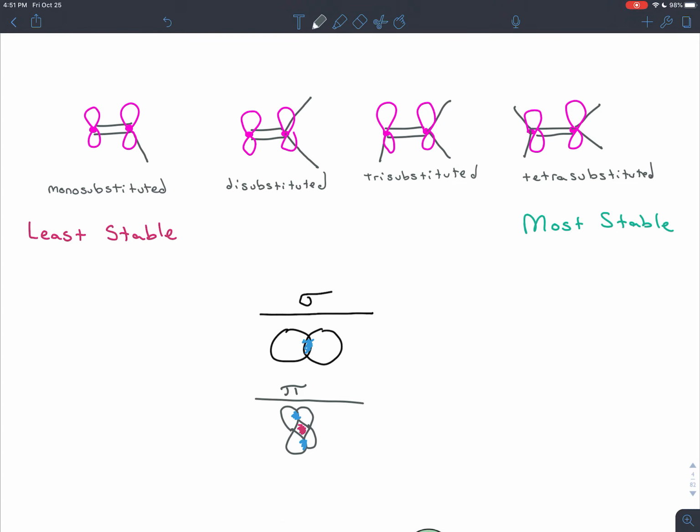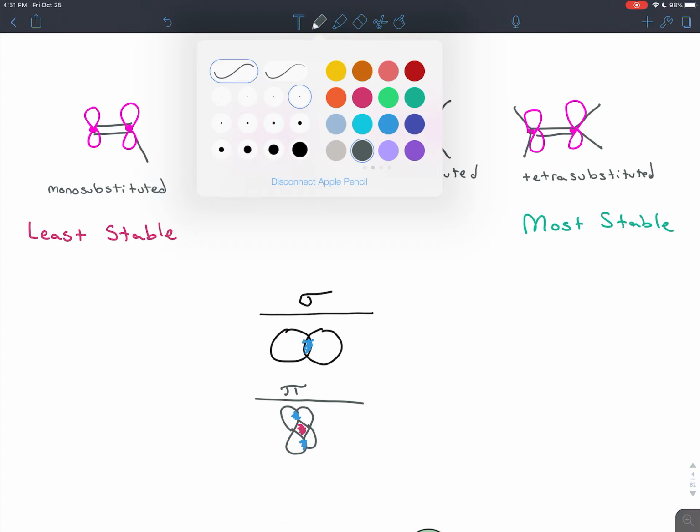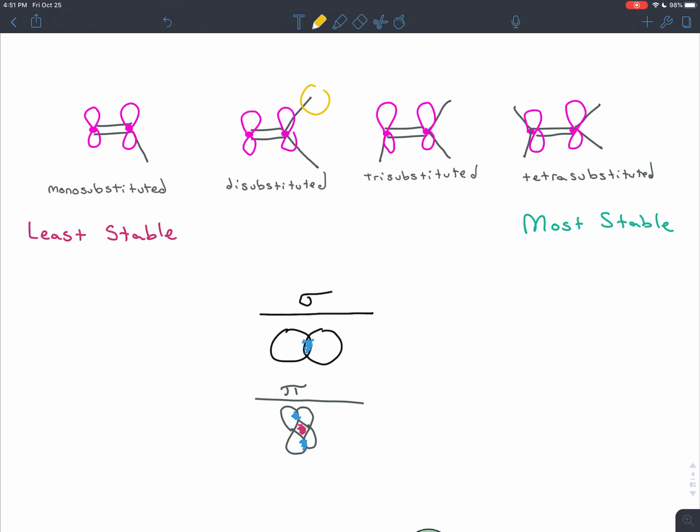Now those orbitals can interact with the sp3 orbitals on the adjacent carbons. These sp3 orbitals, you have a few of them, and they point in different directions, but they ultimately give you the tetrahedral shape of that sp3 hybridized carbon.